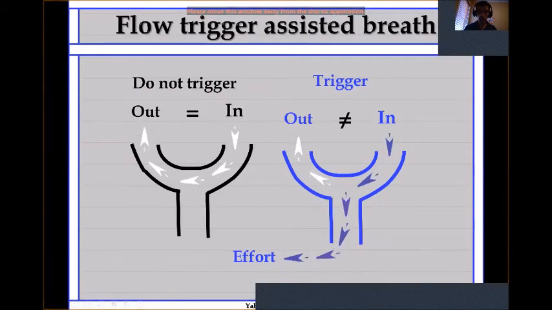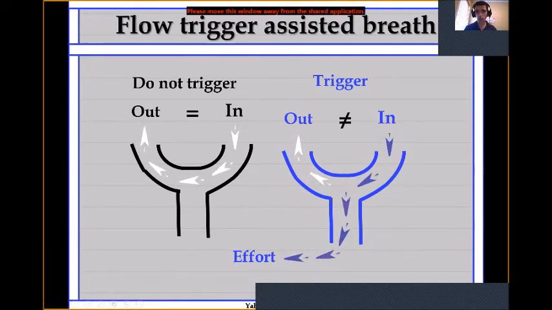The amount of volume or flow going in is the same as out. That means the patient is not making any effort. Now, if the patient starts to make some effort, then in will not equal out, and the machine will trigger the breath. So this can be flow, and it can also be pressure.